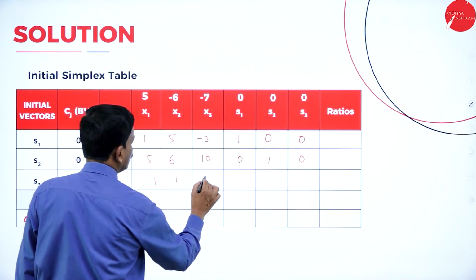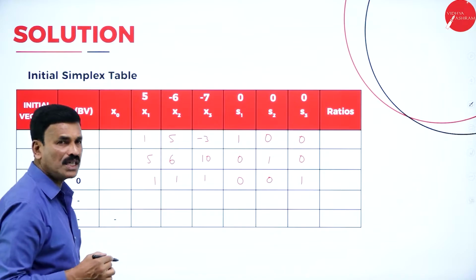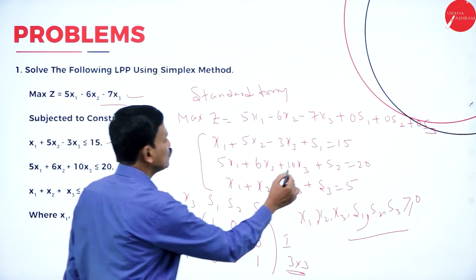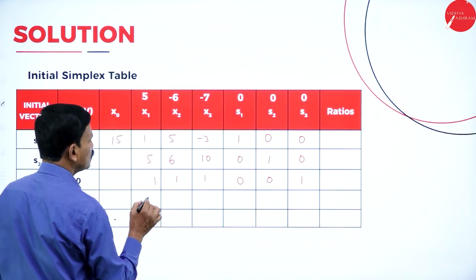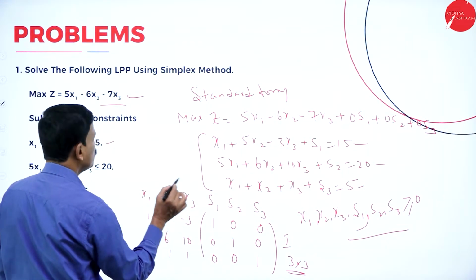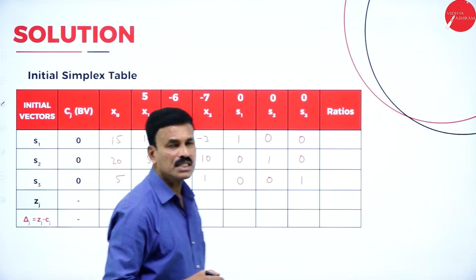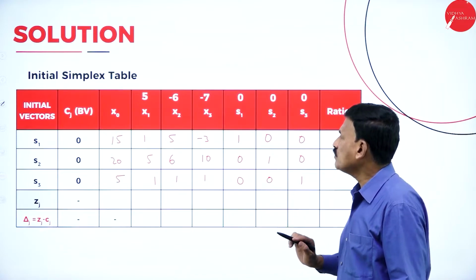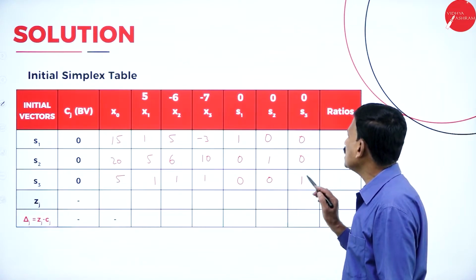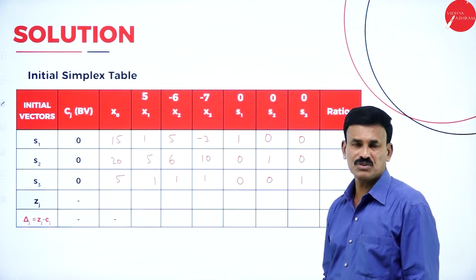And the values of x0 are 15, 20 and 5. So just fill this table, that is the coefficients of x0, x1, x2, x3, s1, s2, s3 from the objective function and the constraints. Okay.